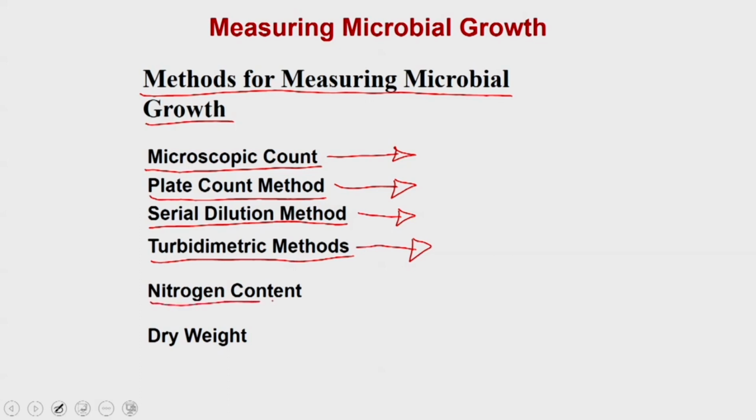Then you can also use the nitrogen content or the dry or fresh weight content to measure the number of bacteria present in a given media or solution. So, let us start with the microscopic count.